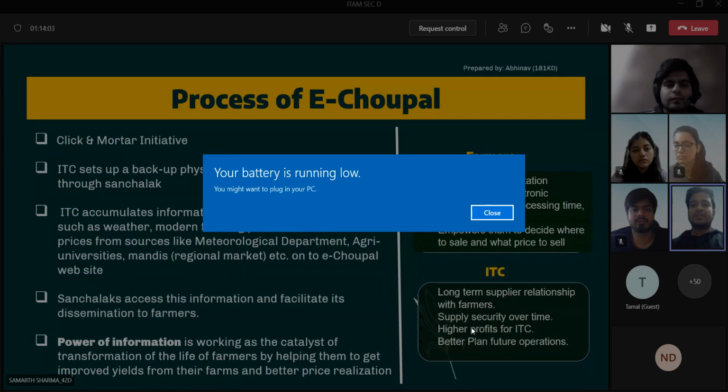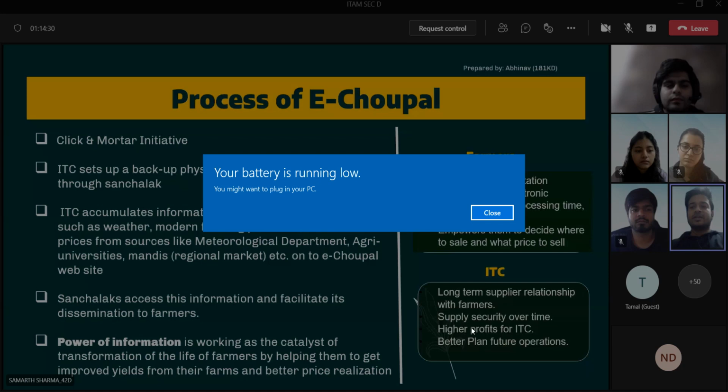Real-time information and customized knowledge is provided by eChopal, which enhances the ability of farmers to take decisions, align their farm output with market demand, and secure more quality and productivity. It is a direct marketing channel, a mandi system for price discovery. eChopal eliminates all intermediaries and multiple handling, thereby reducing transaction cost, and it is a win-win situation for both farmers as well as for ITC.